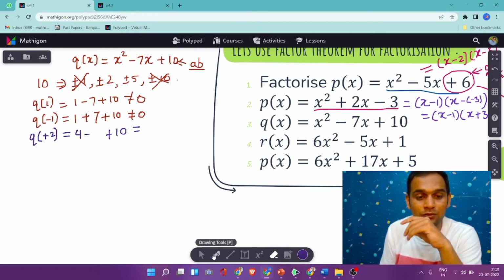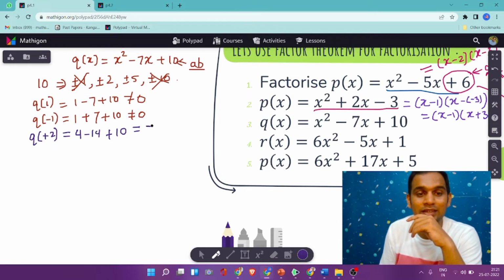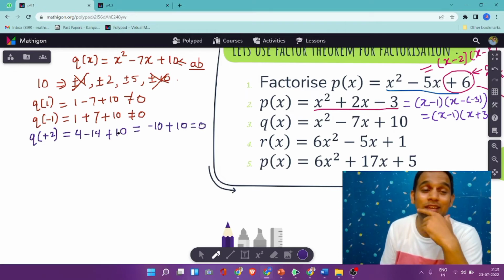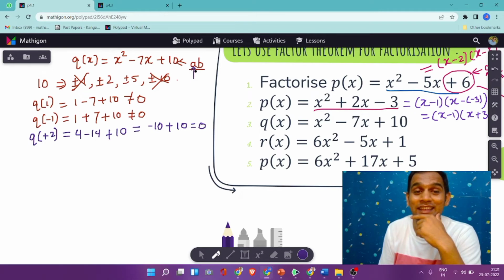So 7 times 2 is 14. So now 4 minus 14 is minus 10, plus 10 equals 0. So that means plus 2 is A. Can you get what will be B? B will be plus 5.